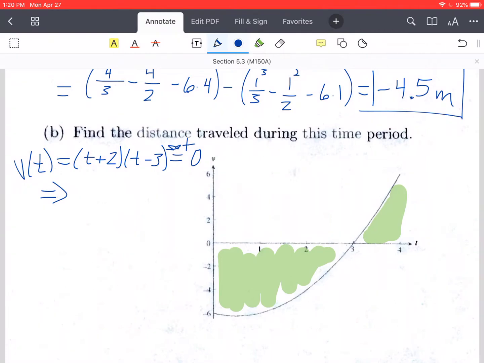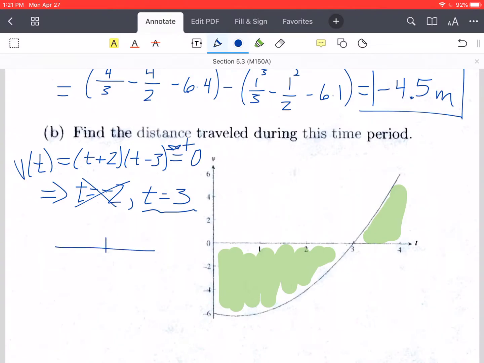I'm basically looking almost for critical points here. So that gives me t equals negative 2 and t equals 3, right? Because this is where the velocity is 0. This is where it's changing direction, right? Going either positive to negative or negative to positive. Now, the negative 2 we don't care about because we're not dealing with negative time here. We only care about the 3.